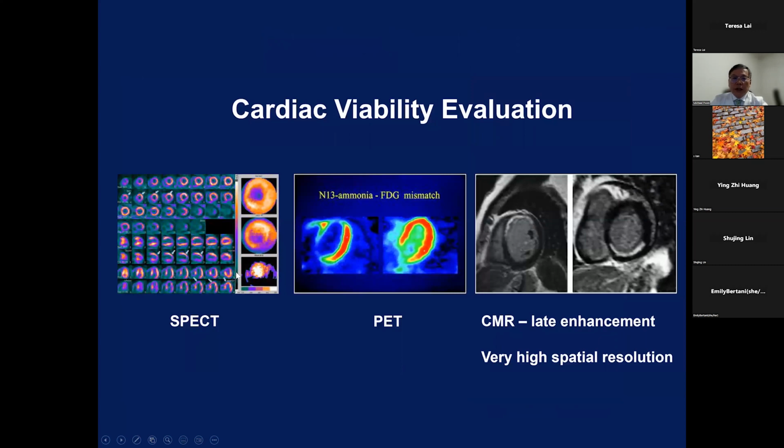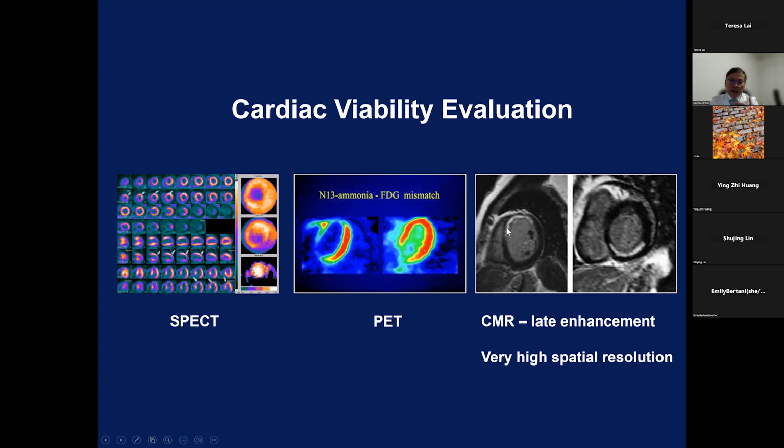And for viability, there are a couple of standard tests we do: SPECT viability, PET viability, and MRI late enhancement. And not just my opinion, the consensus is that MRI has the highest spatial resolution.